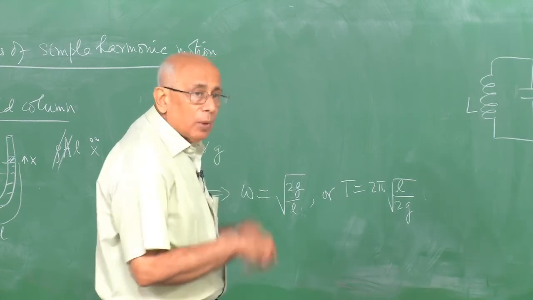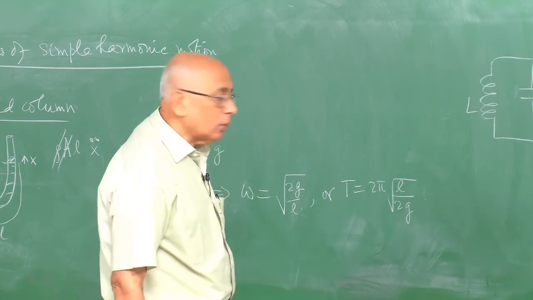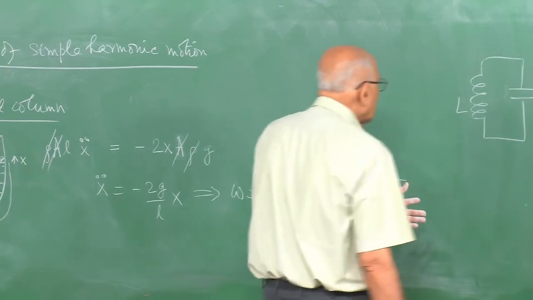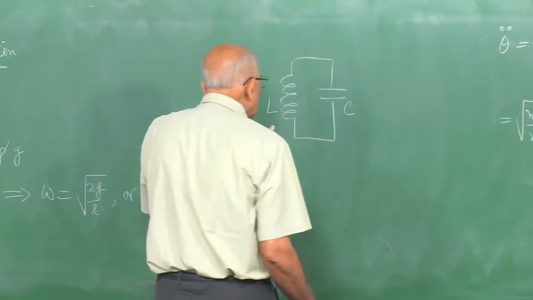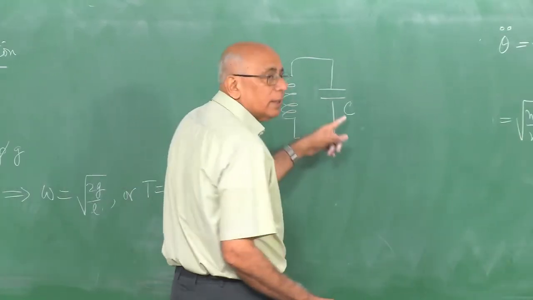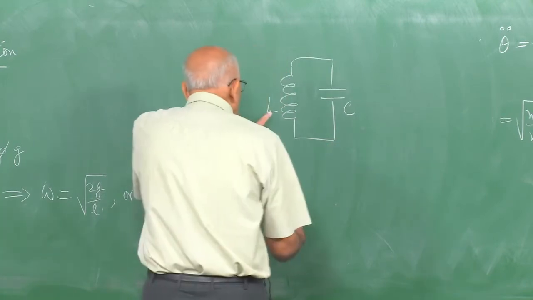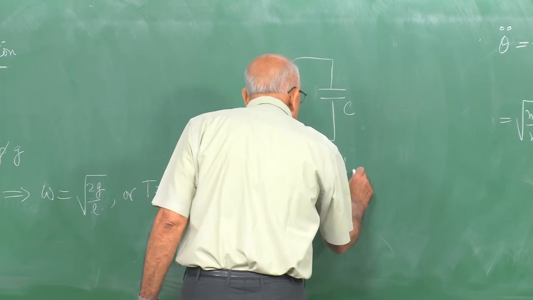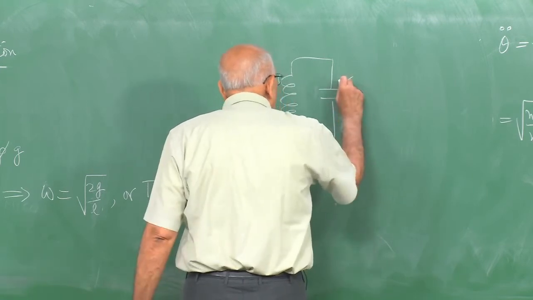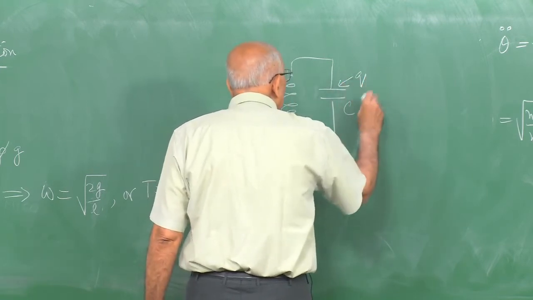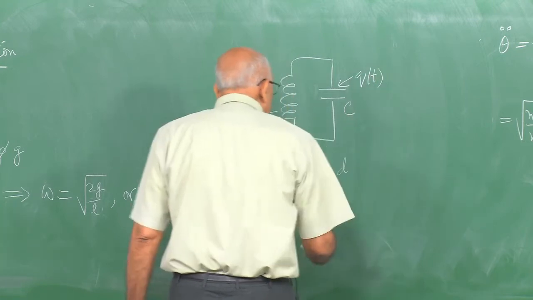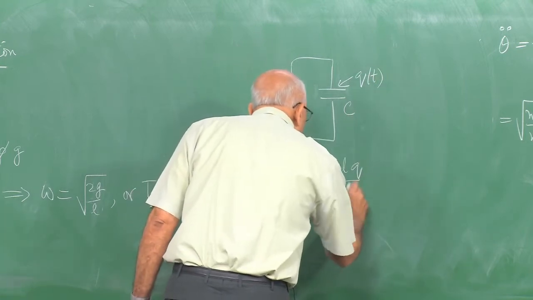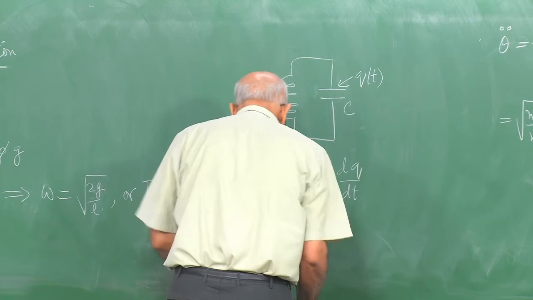A little later we will put in a resistance and see how it damps out, but in the absence of the resistance, you have to ask what is the voltage that you have. The back voltage here is proportional to L times d of the current. The charge on the capacitor instantaneously is q, a function of t. Then this is L times dq over dt.